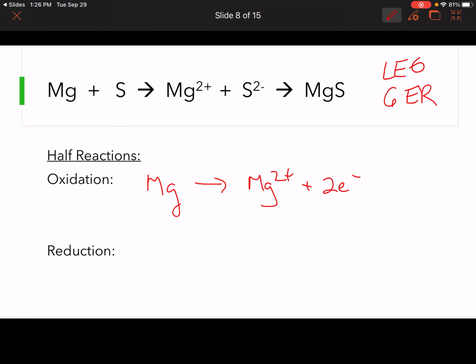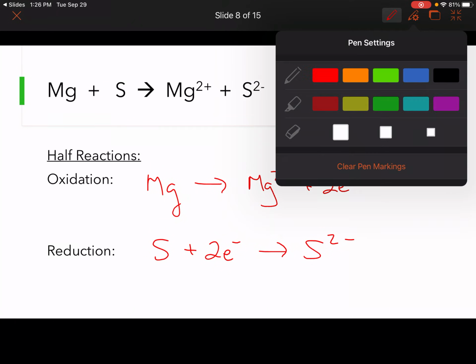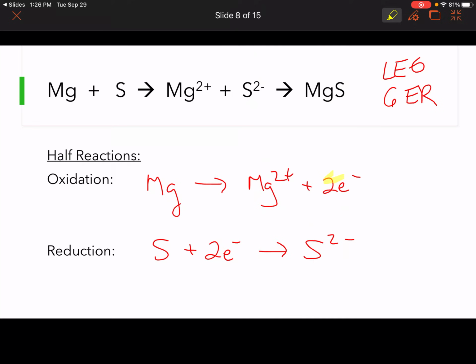So the magnesium is losing 2 electrons, whereas the sulfur is going to gain 2 electrons here to become sulfur 2-. So one thing I want you to make a note of is this 2 electrons, 2 electrons.